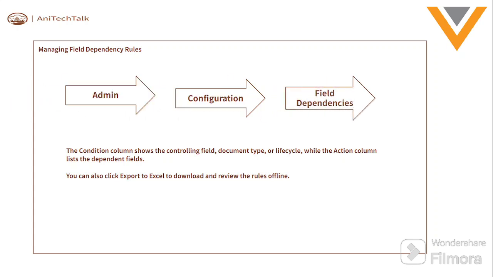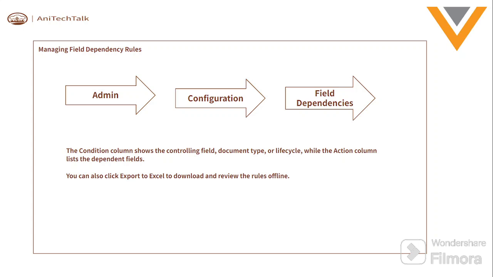First you need to open the Admin section, then Configuration, and then Field Dependencies. Upon clicking Admin, Configuration, and Field Dependencies, you can see three types: document type, lifecycle, and controlling field, and there you can add actions as well.